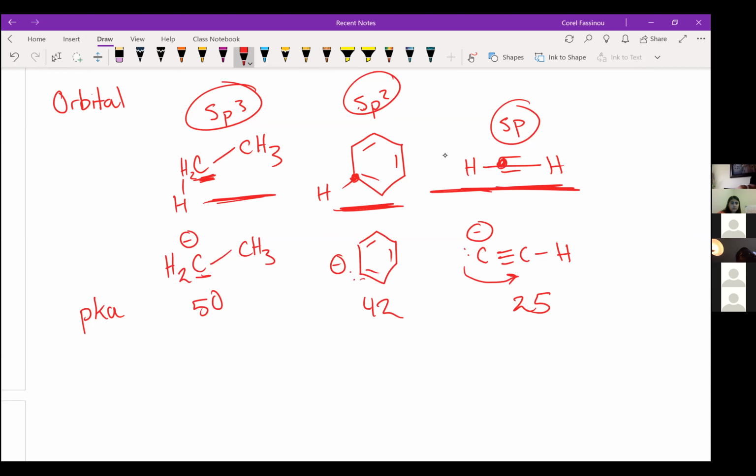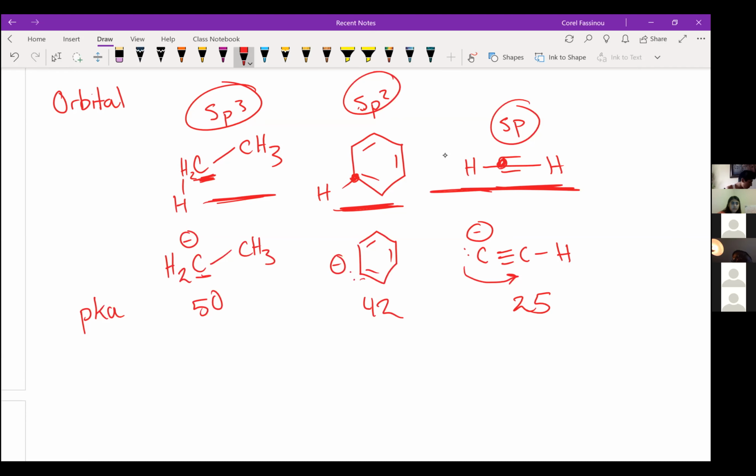Cool. Now basicity, we can also do the same exact thing for basicity. It's just going to be the opposite. So I will cover that in a really short video along with boiling points. And I will post that tomorrow or Sunday.